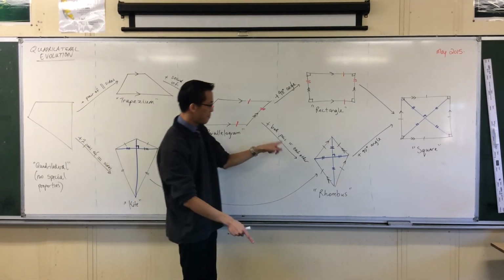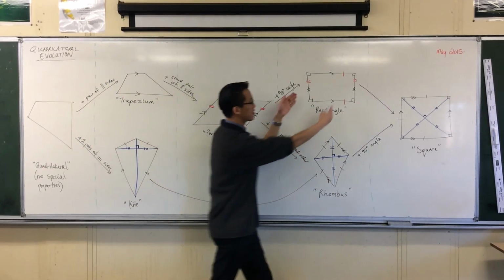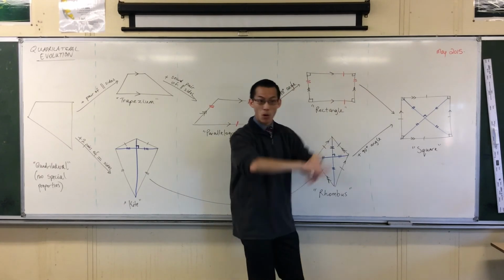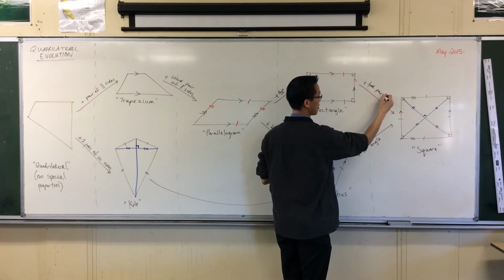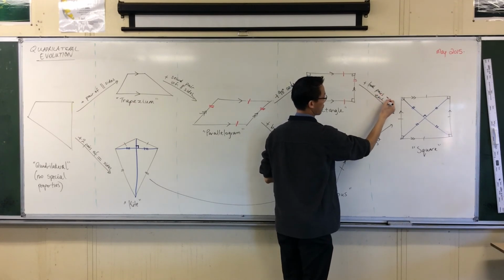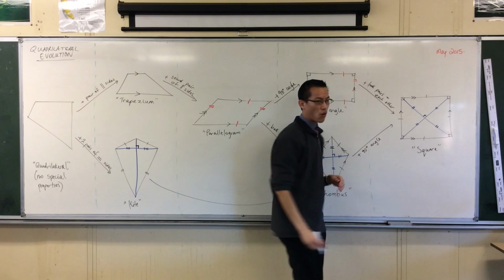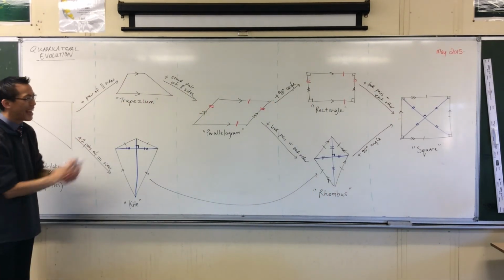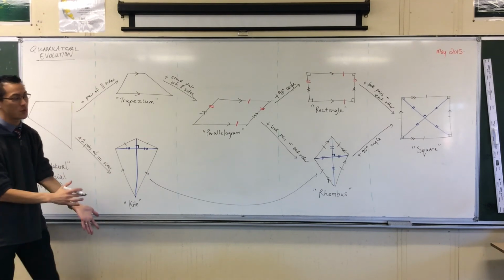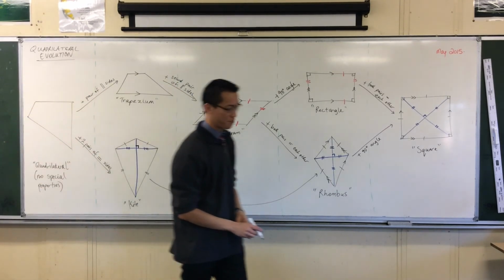Answer, both. The sides, these are already equal, but if I make them all equal, both pairs of sides equal each other. You can see all roads lead to the square. Okay? And that is the most special quadrilateral of them all. Right?